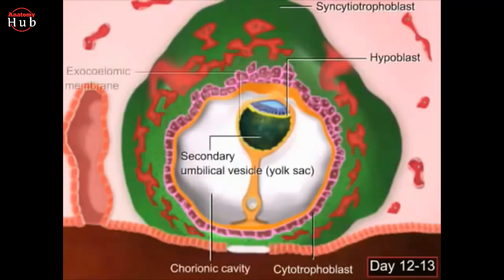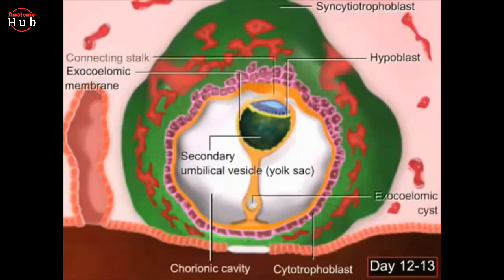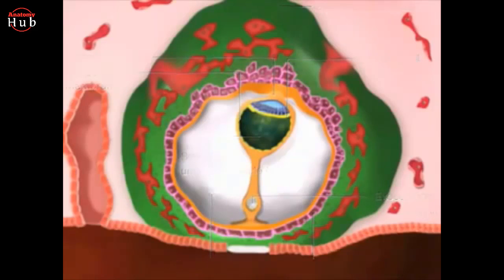Now the fate of the embryoblast: the inner cell mass, or embryoblast, organizes into a flat disc comprising an epiblast, presenting columnar cells, and a hypoblast, presenting cuboidal cells. So, a bilaminar embryonic disc is formed.